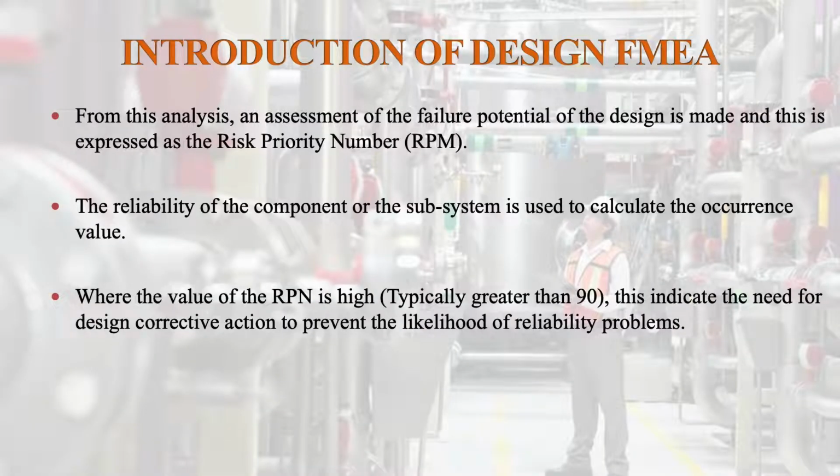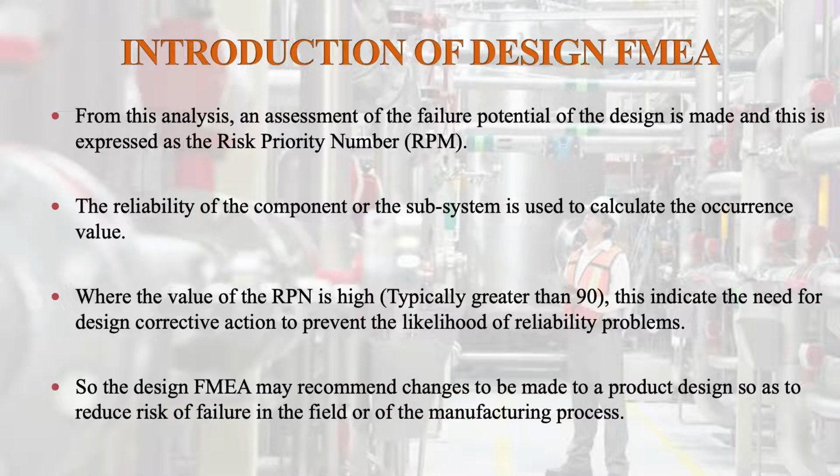Where the value of risk priority number is high, this indicates the need for design corrective action to prevent the likelihood of reliability problems. So the Design FMEA may recommend changes to be made to a product design so as to reduce the risk of failure in the field or of the manufacturing process. When the RPN is more, it may be greater than 90, then we can say there is more risk, so some corrective actions are to be taken so that the process can be made okay.